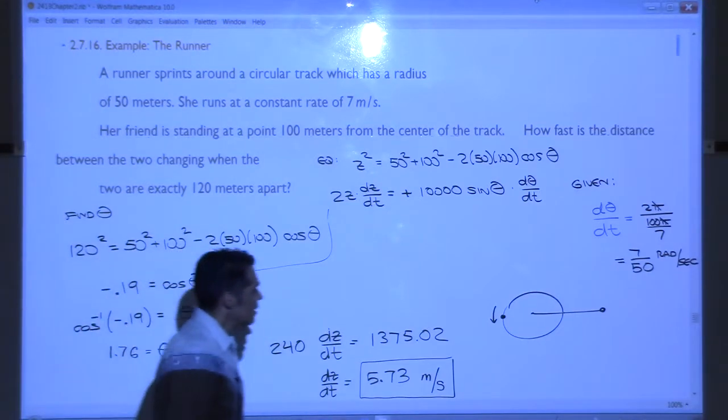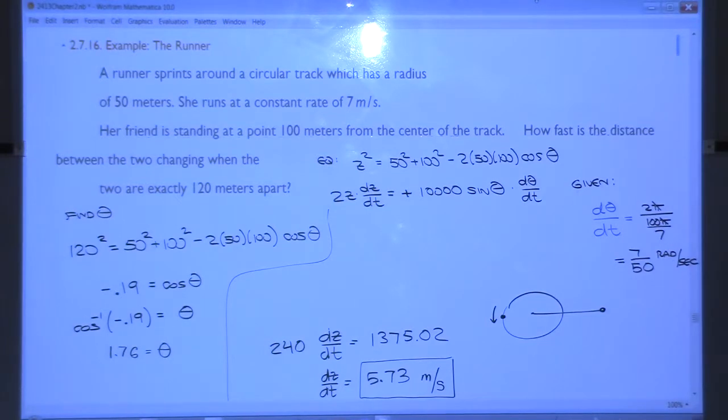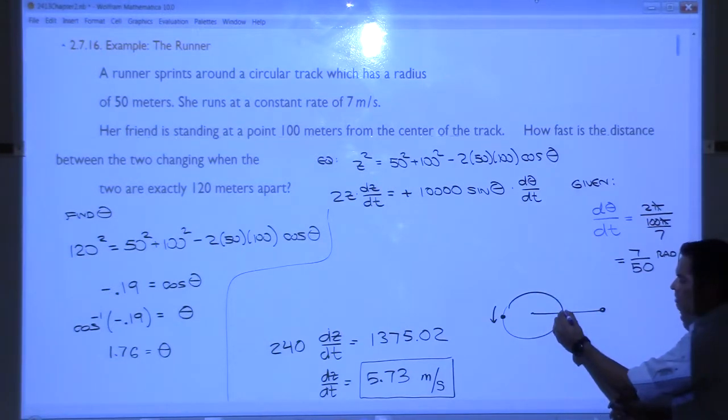What about, with that same idea, when would dz dt be the biggest it could ever be? When? You think right here? Think about this right here.